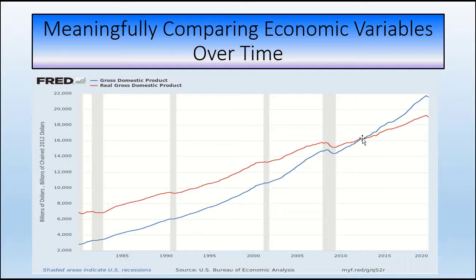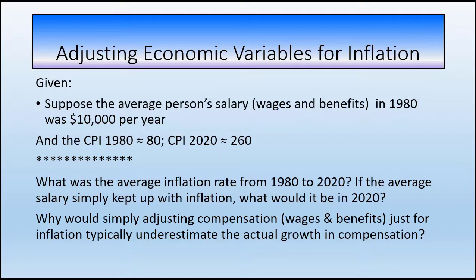They're asking, well, what happened since 2012? You can fast forward and look forward, and you can see the blue line ramping up more than the red. And then you can look back into the past and see how the differences in the slopes and the differences in the series behaved. Now let's look at adjusting economic variables for inflation.